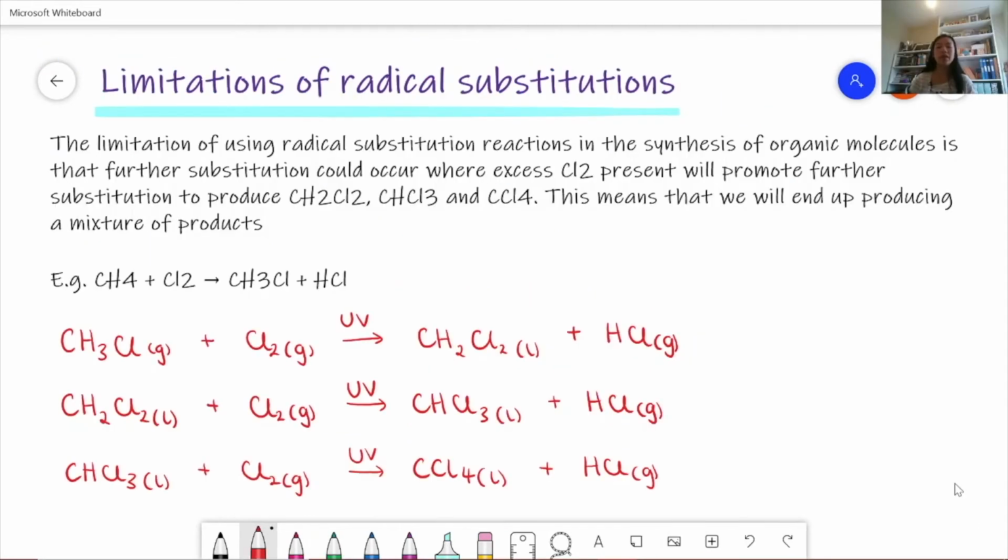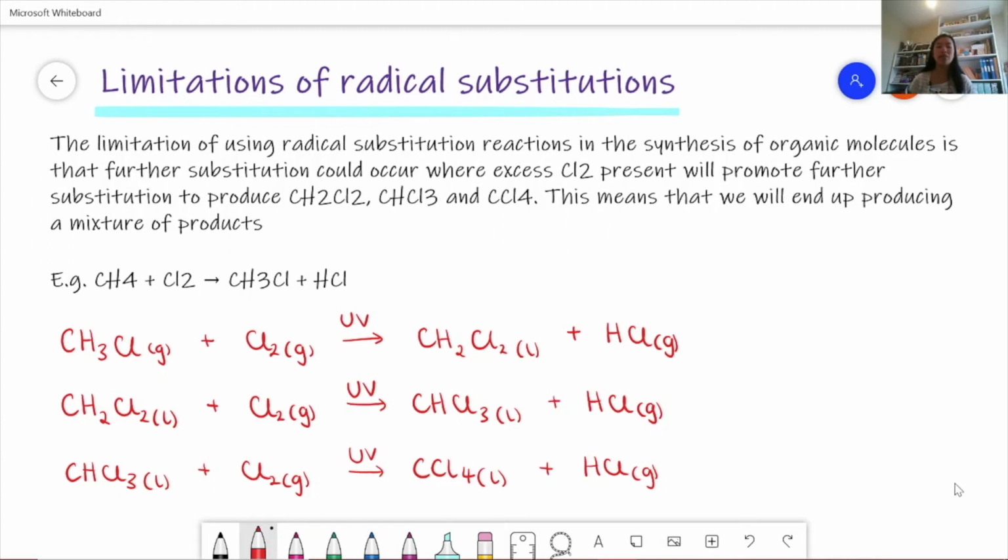Now I'm going to talk about the limitations of these free radical substitutions. Now the main limitation of using these free radical substitution reactions in the synthesis of organic molecules, meaning just making organic molecules, is that further substitution could occur where we have excess chlorine, and so this promotes further substitution to produce CH2Cl2, CHCl3, or even CCl4.